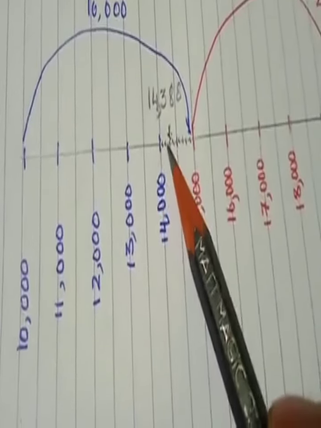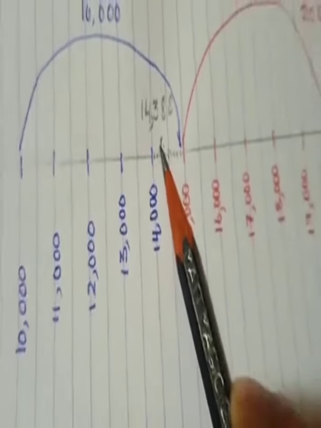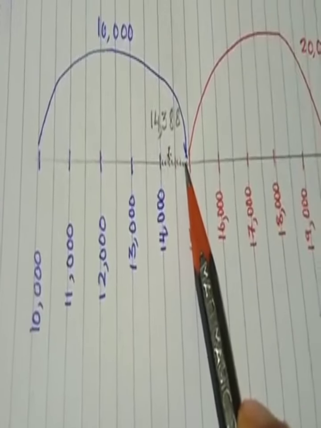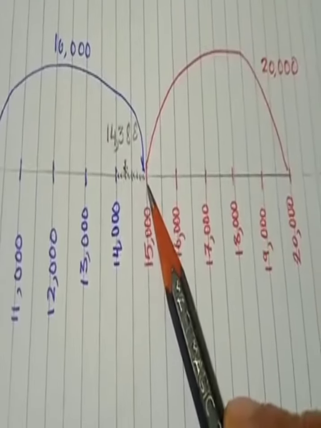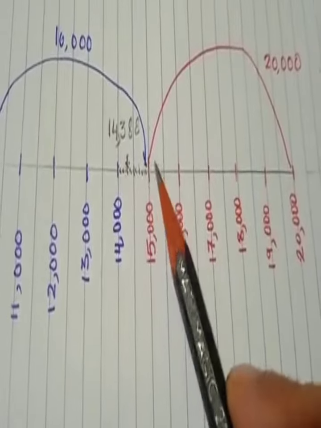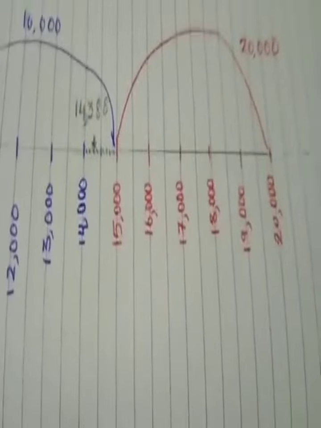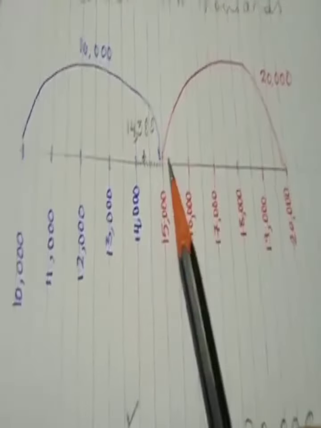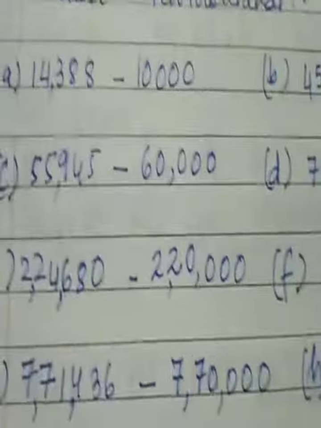That means 14,385 will be somewhere here, coming under the 10,000s arc, because up to 14,999 we keep it at 10,000. And as soon as it reaches 15,000, as soon as 5,000 comes in the thousands place, it gets converted into the next 10,000. So in this case, since it is less than 15,000, it will be converted into 10,000. So we have converted it into 10,000.